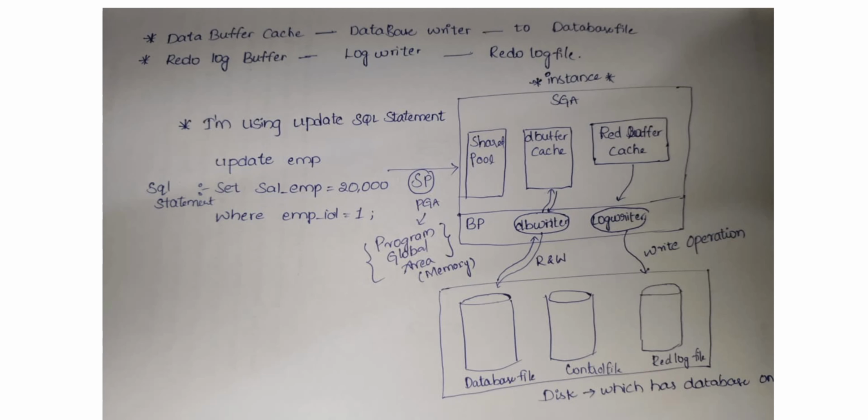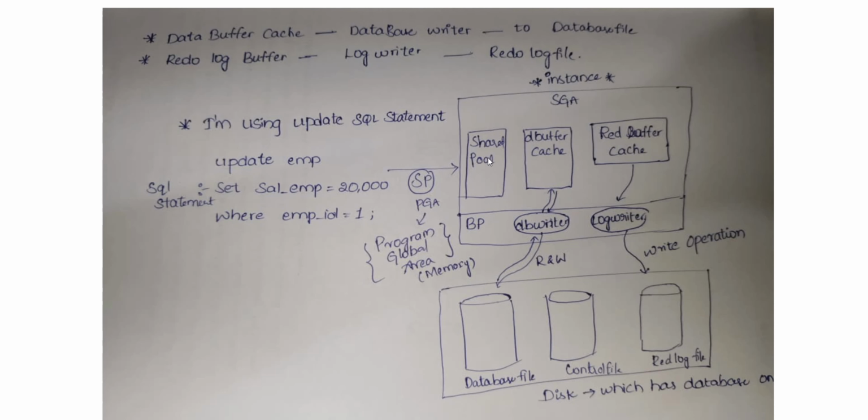When the external checkpoint is enabled, at that time it writes the undo blocks to the database files. Also, when a server process needs to clear the data buffer cache, it also writes undo blocks.